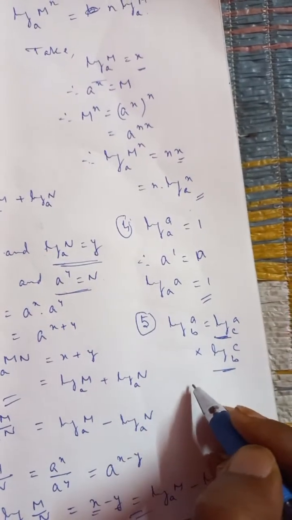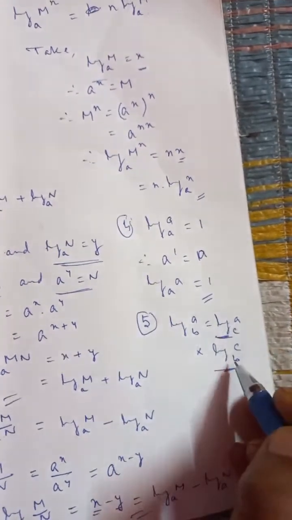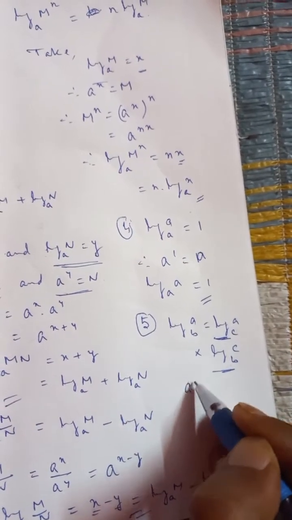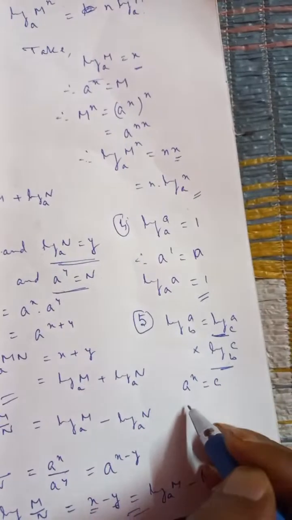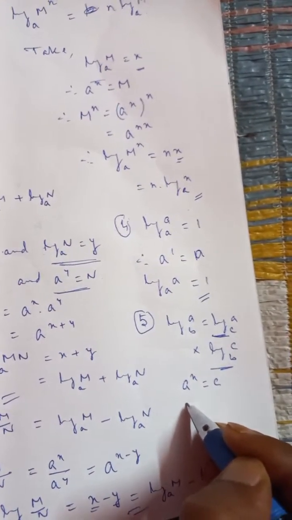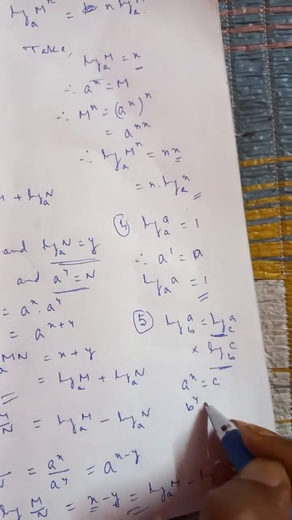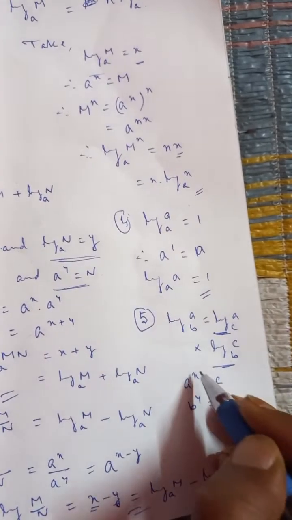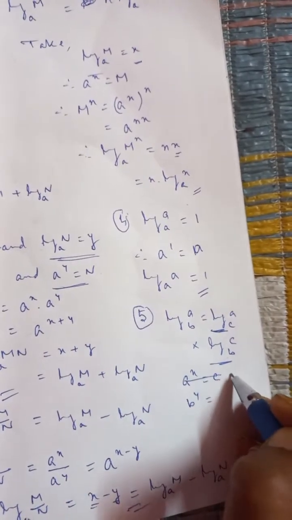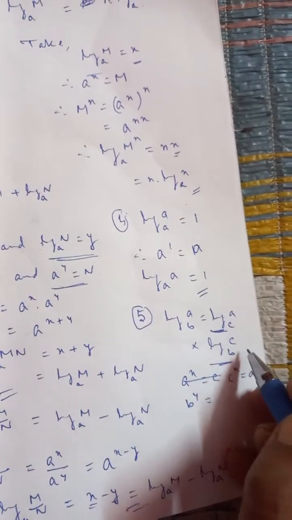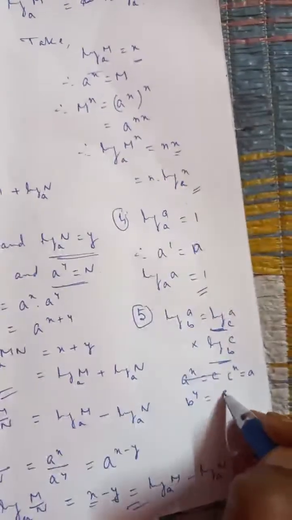So if this is x and this is y, then we have c to the power x is equal to a and b to the power y is equal to c.